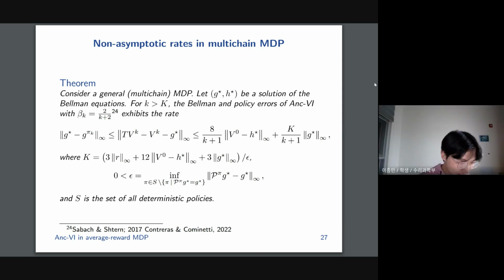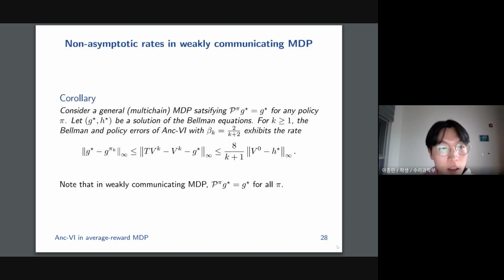Fortunately, we can avoid this issue of the number of iterations by focusing on a specific class of MDP. This corollary says that if the general MDP satisfies P pi g star equal to g star for any policy, then NBI exhibits a clear sublinear rate. If you see this inequality, the right term is 8 over K plus 1.